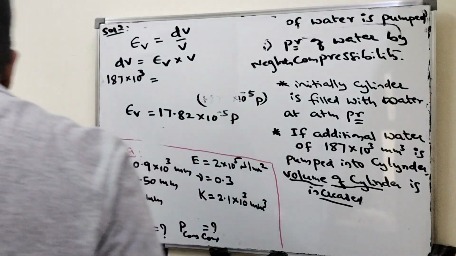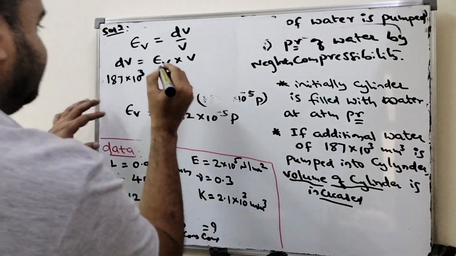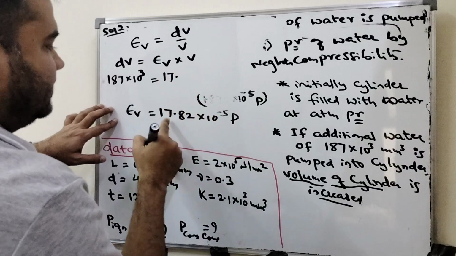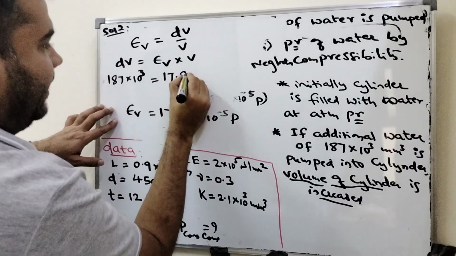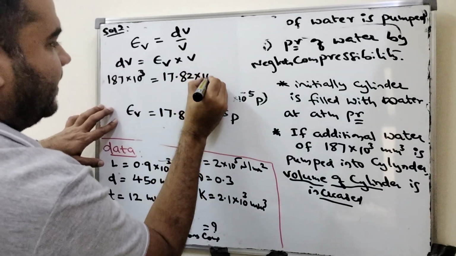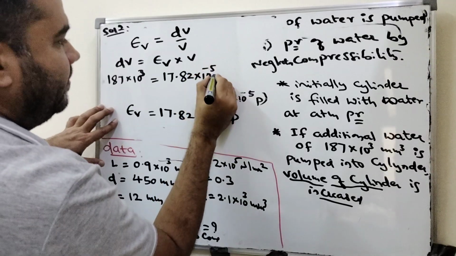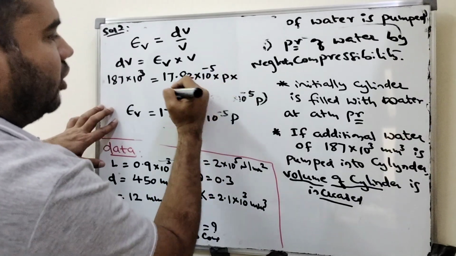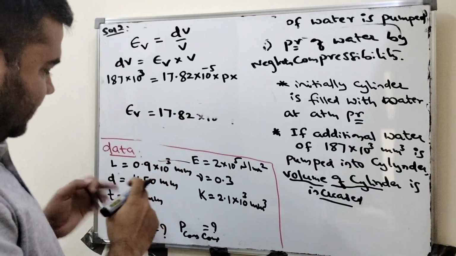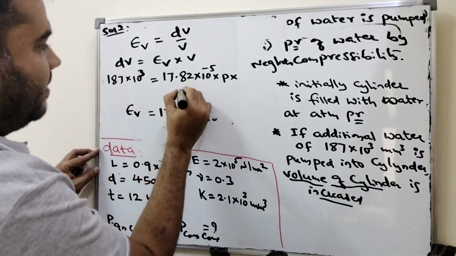Just now before we have calculated in terms of P, that is 17.82 into 10 raised to minus 5 into P into volume. The volume of the cylinder, you know, diameter and length are already there, pi d square by 4.